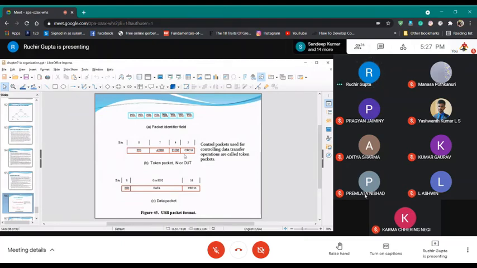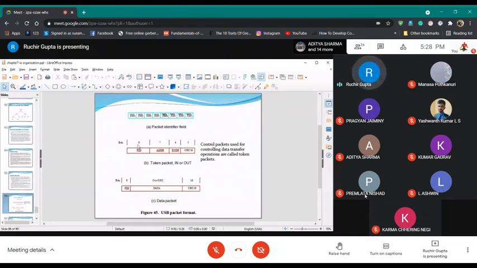So this is actually used to distinguish whether it is an in packet or an out packet. This may also be used for any kind of control purposes. Acknowledgement packets, for example, only have a PID.